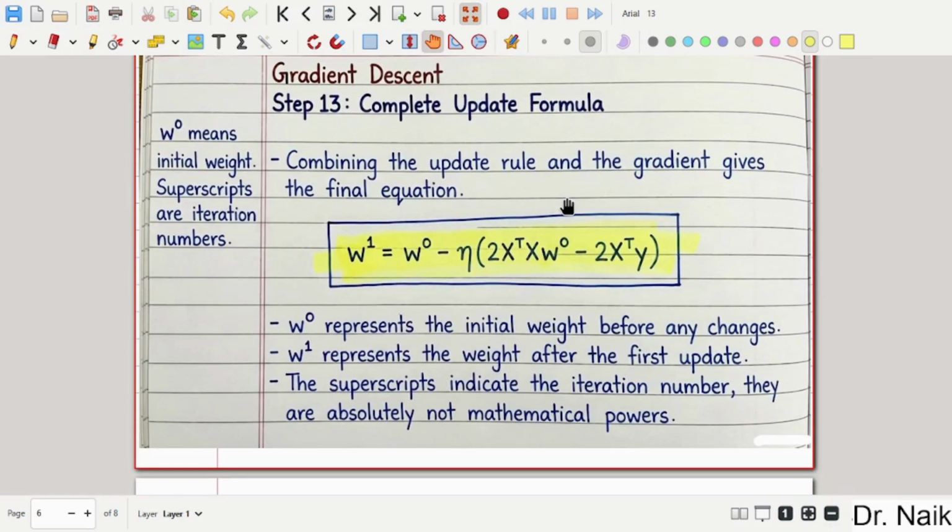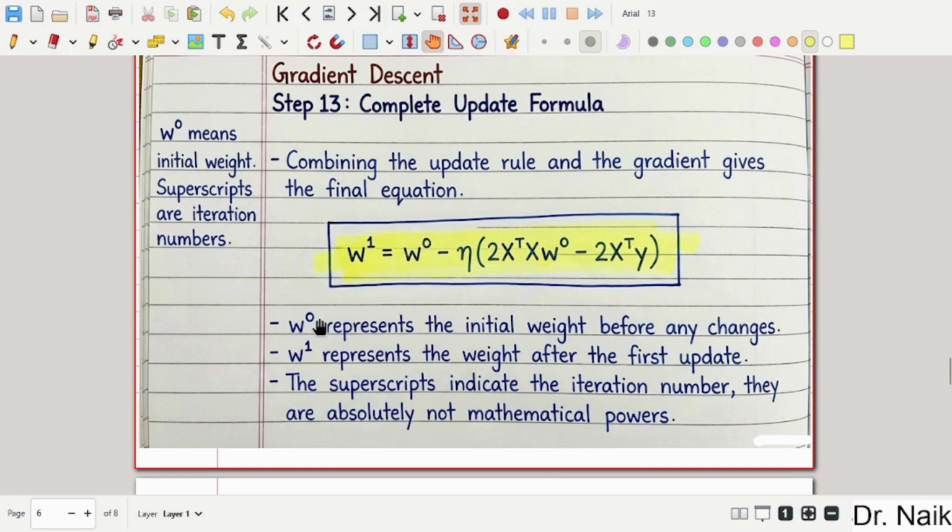Combining the update rule and the gradient gives the final equation. W superscript 1 is equal to W superscript 0 minus eta times 2 multiplied by X transpose X multiplied by W superscript 0 minus 2 times X transpose multiplied by y.